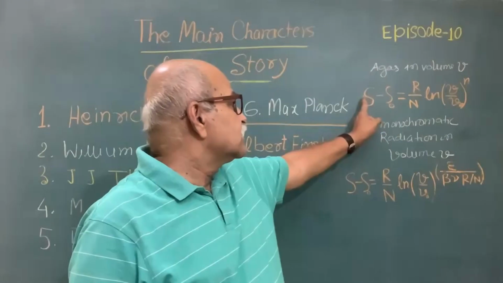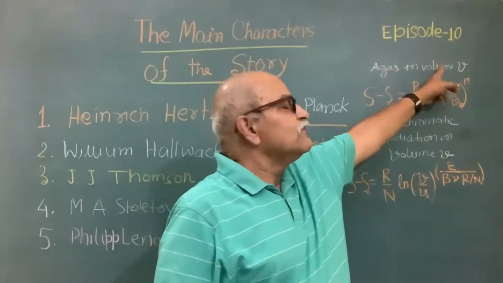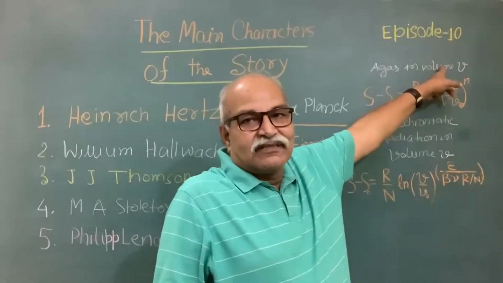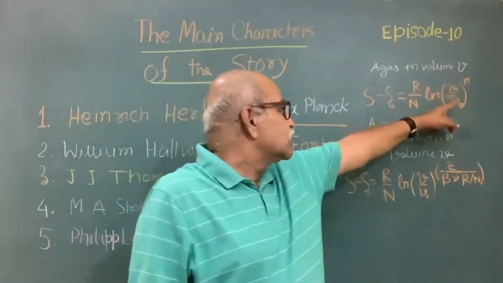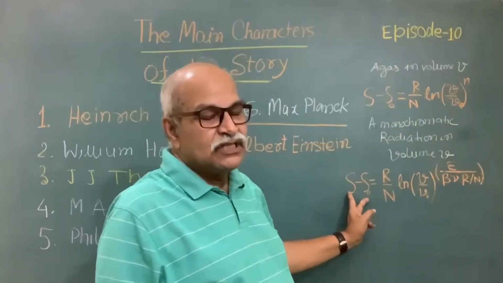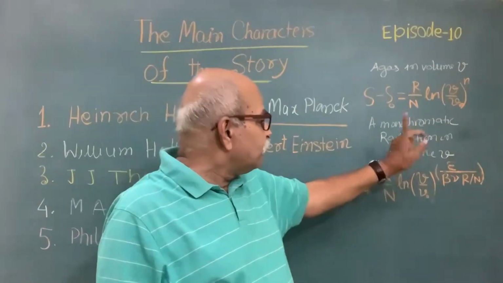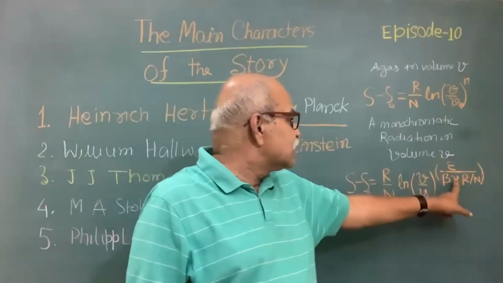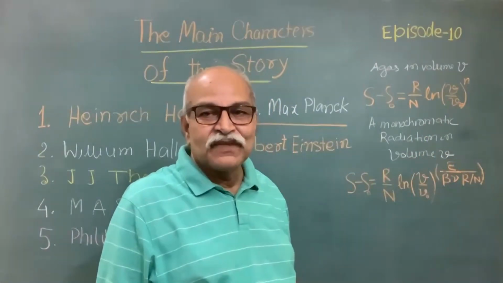So I have reproduced those two equations from that paper. This is the entropy change for a gas confined in volume V, normal gas, which has molecules. And I'll just tell the symbols. And this is the expression for entropy change when a monochromatic radiation of frequency nu is confined in this volume V. Okay.